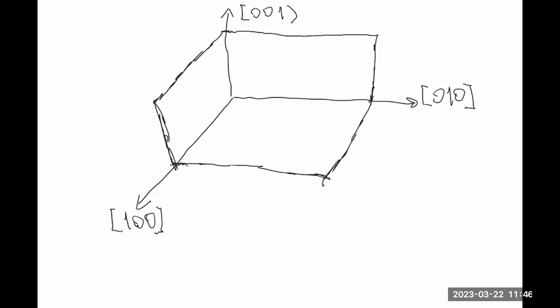Good. So I'll just try to do this. This and this. This is not the best drawing, but this is the best I can do by hand. So let's define the 1, 1, 1 plane.